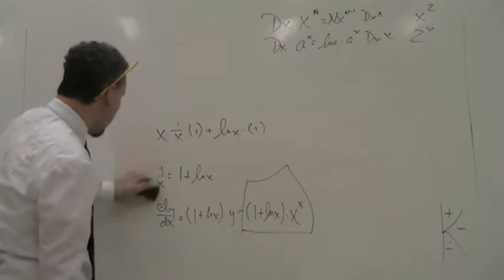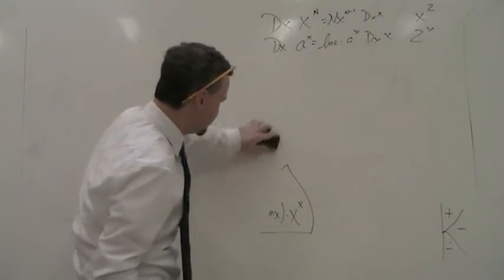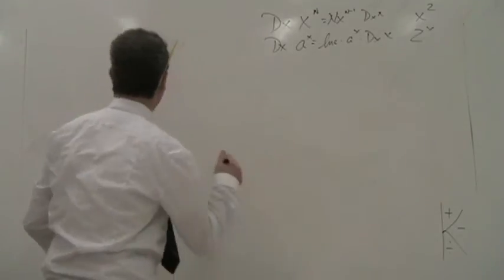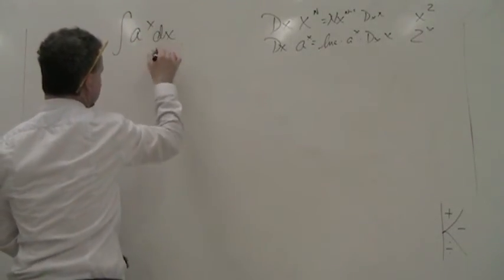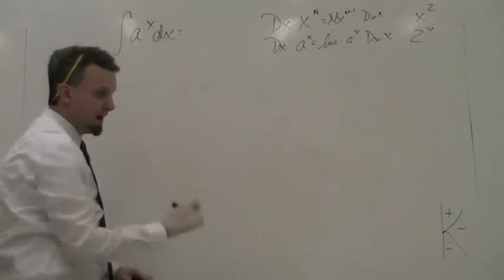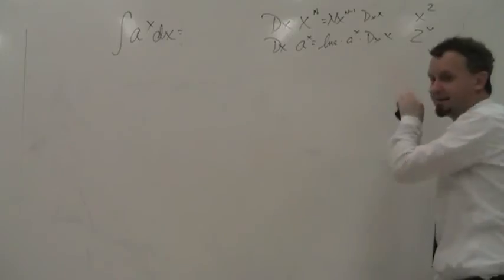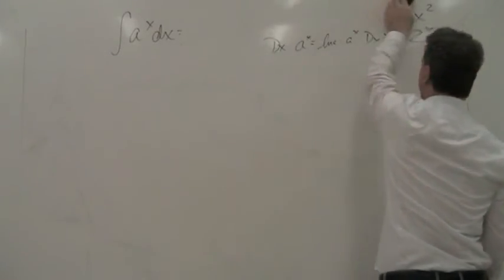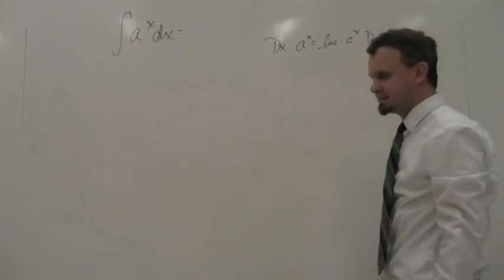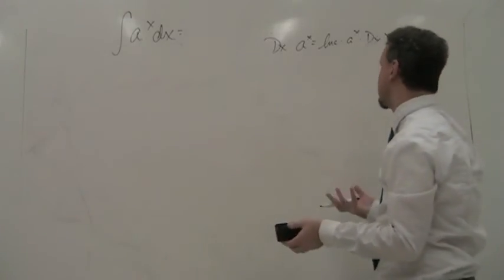Finally, our last rule here for the first half of Chapter 5 is how you would integrate a to the x dx. Well, we know how to derive it. The derivative of a to the x is just ln a times a to the x. So to integrate a to the x dx, you should recognize that it's pretty similar.